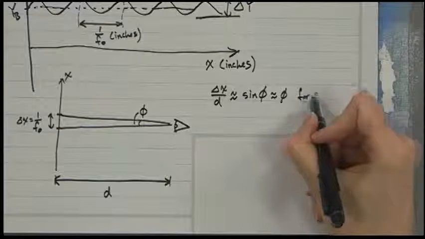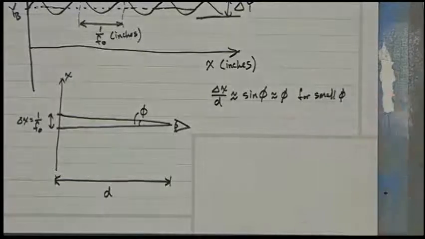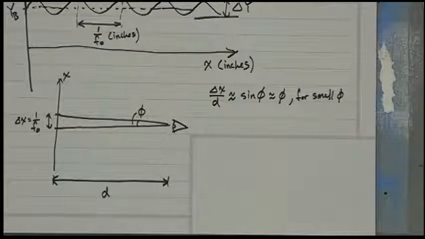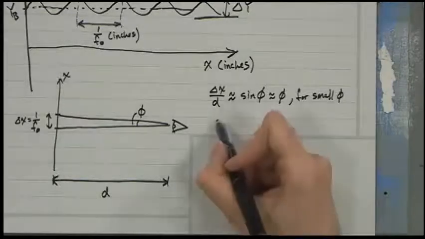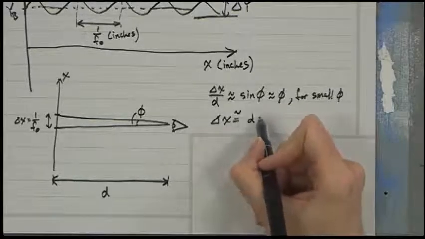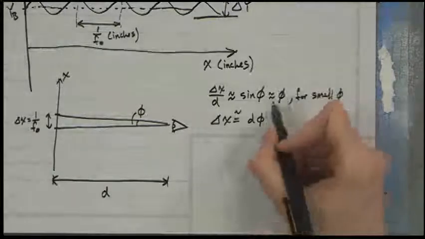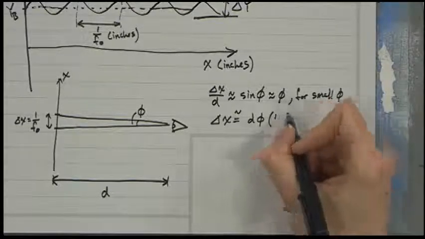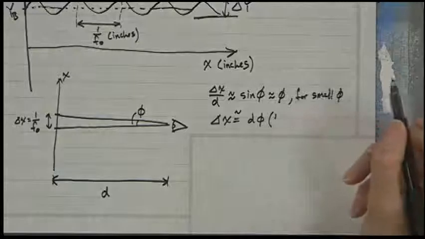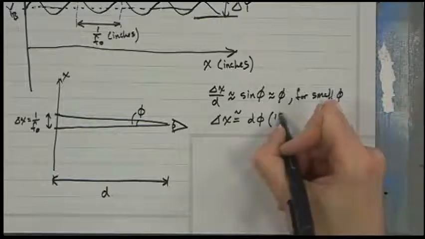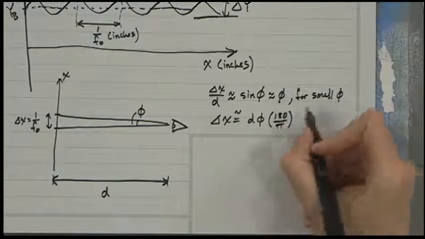So, for small angles, delta x is approximately equal to d times phi, if phi is in radians. Let's convert it to degrees, since we're going to use units of cycles per degree, so let's put in a factor of 180 divided by pi, and this will be in units of degrees.